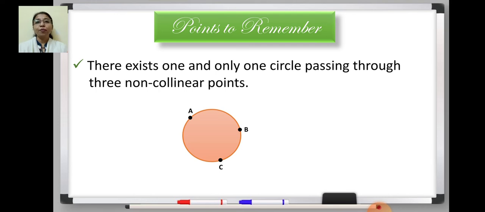Then you draw perpendicular bisectors of those two line segments, and the point where the perpendicular bisectors meet each other, we consider it as the center. From that center, you take the distance to any one of these points. Consider that distance as the radius, and if you draw a circle, that will pass through all the 3 points. Understood?